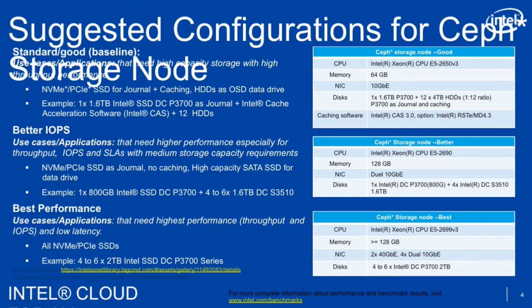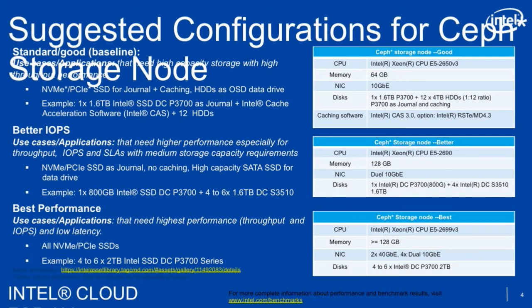Using SATA SSD as OSD gives you better IOPS performance, I mean small file or block size random read-write performance, as well as relatively lower cost, because SATA is a lot cheaper than NVMe and PCIe today.